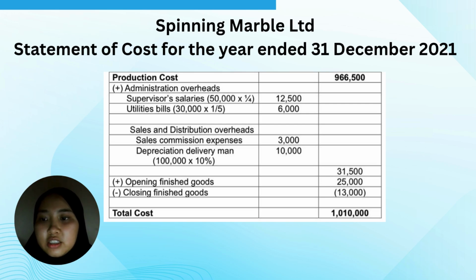We get 6,000. Next is sales and distribution overheads. We have sales commission expenses 3,000. Next, depreciation of delivery van, 100,000 times 10%, so we get 10,000. So the total of the administration overhead and sales and distribution overheads is 31,500.